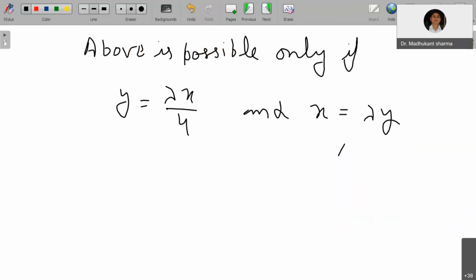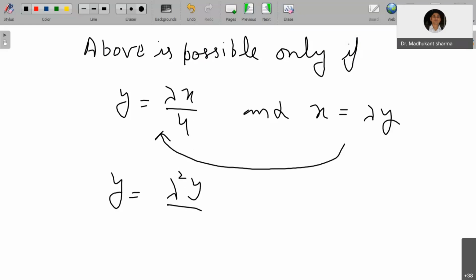Because you have to solve these equations in three unknowns, x, y and lambda, you have to find out lambda. So three equations are there, including g(x, y) equals 0. From these two, using x equals lambda y, we get y equals lambda square y by 4.